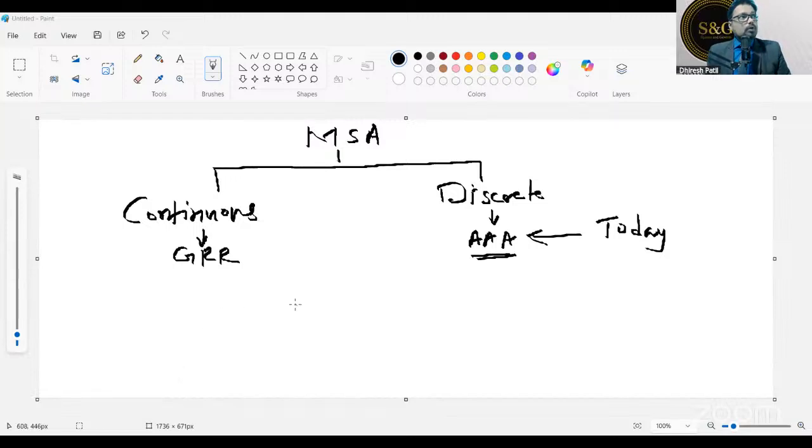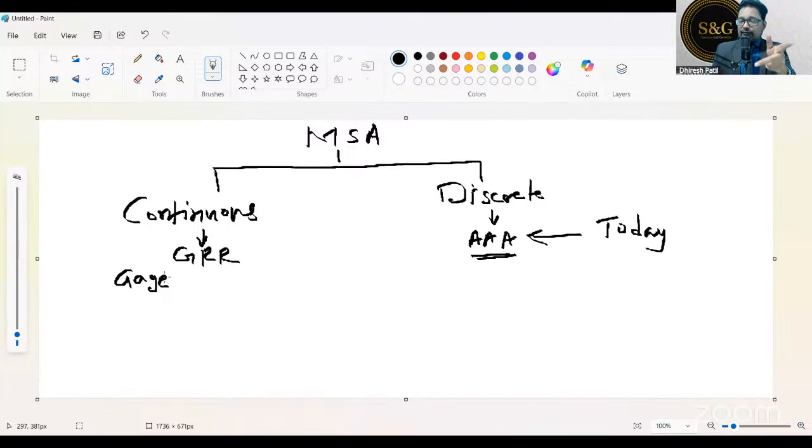Super. So today, I'll give you the full form of it. GRR stands for gauge repeatability and reproducibility. US people write gauge like GAGE, and Britishers write GAUGE.